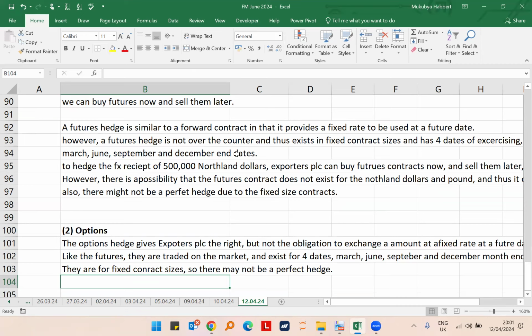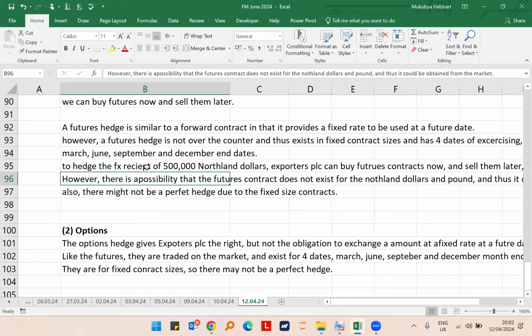So now the options. For us to hedge, we would have to buy futures now and sell them later.